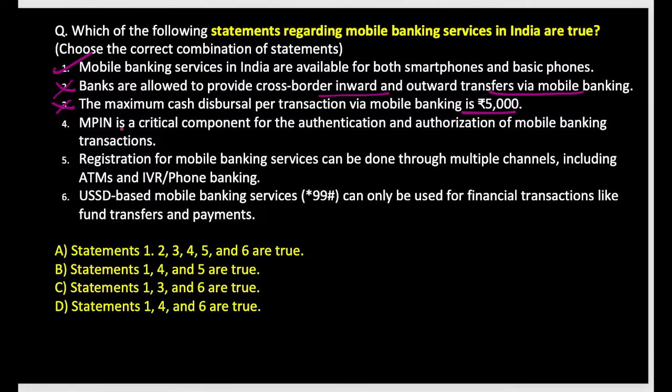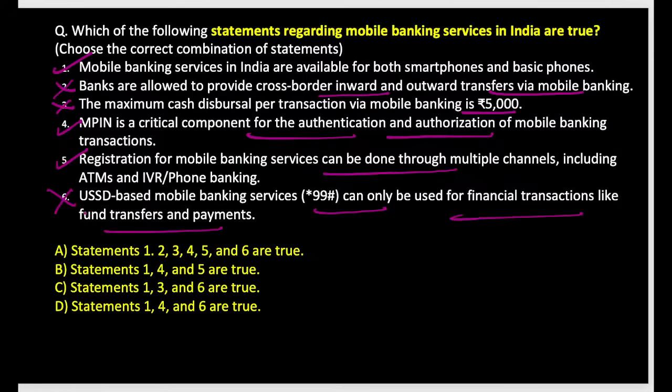MPIN, mobile PIN, is a critical component for the authentication and authorization of this. True. Then next one: registration for mobile banking services can be done through multiple channels, including ATM, IVR, phone banking. USSD *99 can only be used for financial transactions like fund transfer.